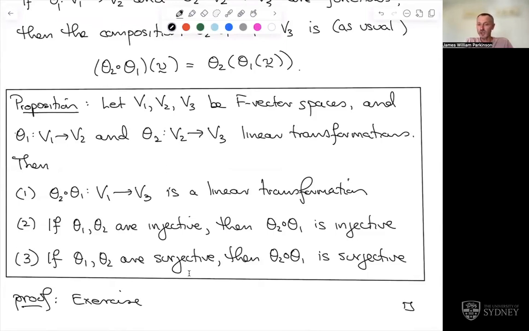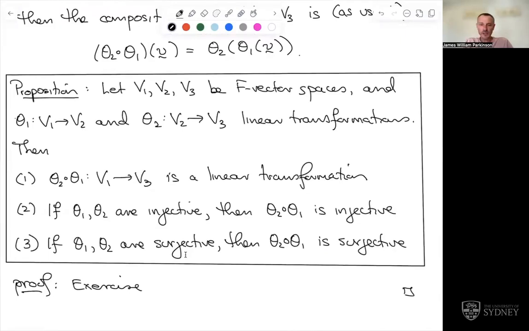And if they're both surjective, then the composition is as well. So in particular, if they're both isomorphisms, then the composition is an isomorphism as well. This one I'll leave as an exercise, just checking directly the definition. We'll come back to it again on Tuesday, I think.